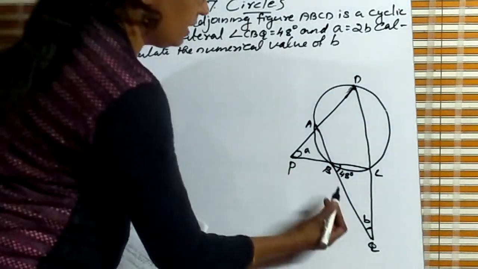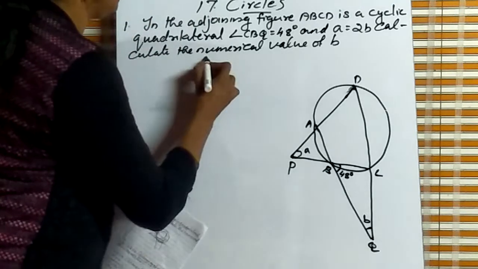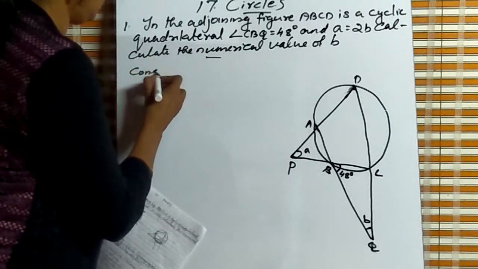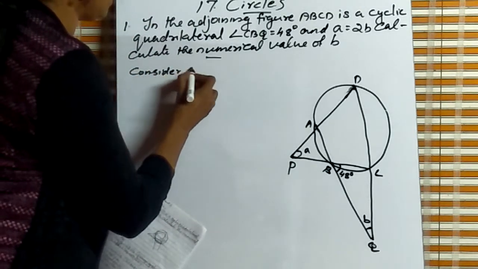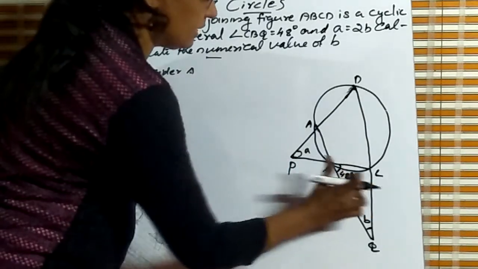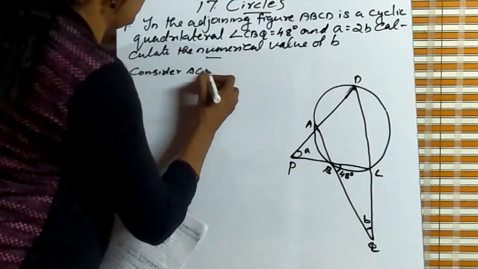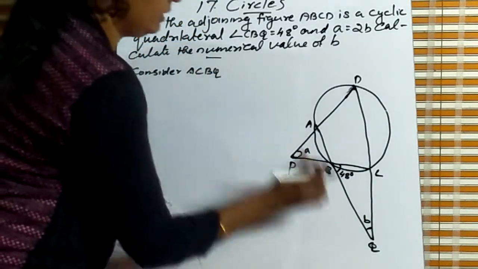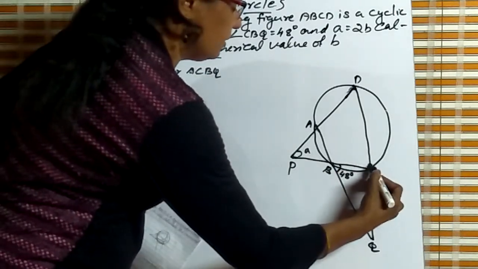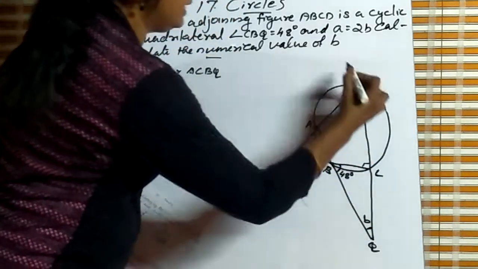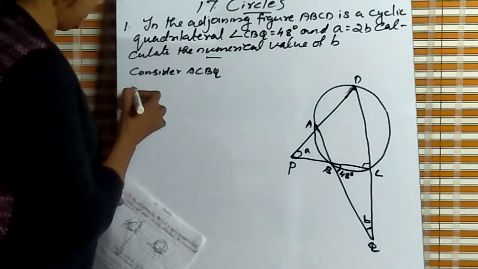Here, consider triangle CBQ. In the triangle CBQ, this BCD is an exterior angle.